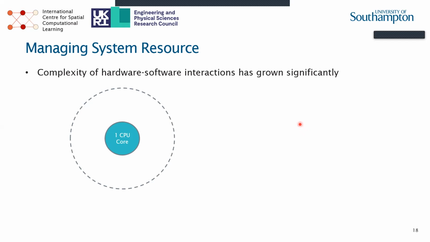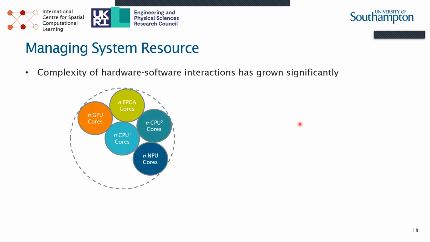In the past, the system was quite simple, right? You only had one CPU core, but now you have multiple CPU cores of different types, multiple GPU cores, and in the future you might also have FPGA fabric and multiple NPU cores, and you have thousands of devices and thousands of workloads.